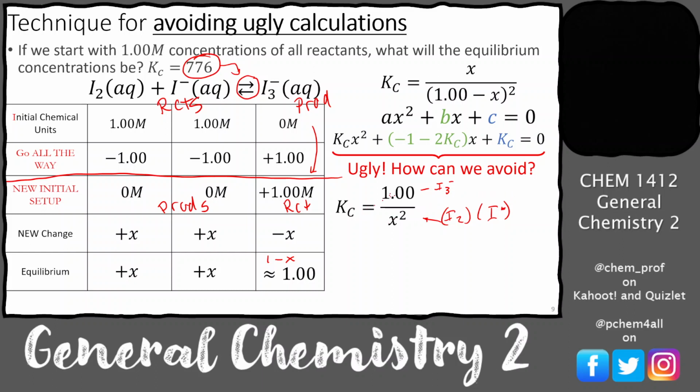And we know that the top one we're assuming is 1. And then this is the x squared in the denominator. So we can rearrange this where x is 1 over 776. So you see x is going to be a small number, 0.0359.